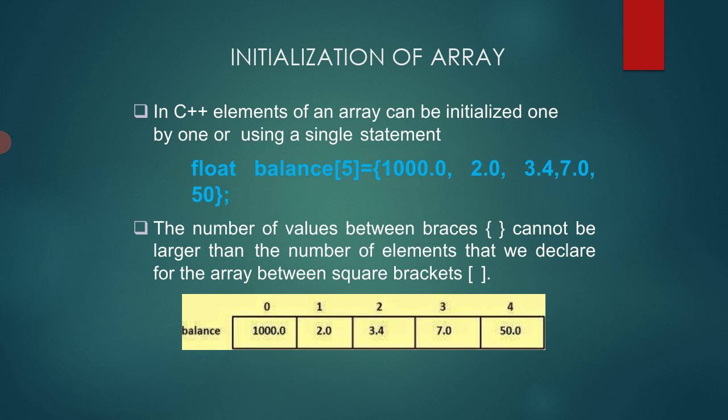The number of values between the braces cannot be larger than the number of elements that we declare for the array between square brackets. The meaning of this is, if we are giving the size of the array as 5, we cannot give more than 5 elements in an array. So this is how you can initialize an array.